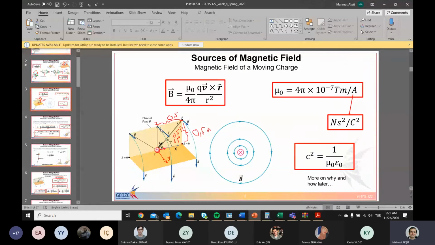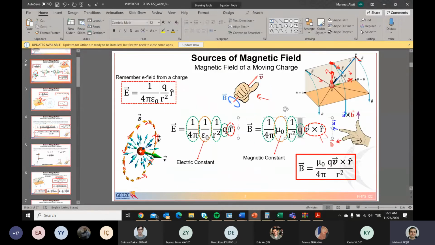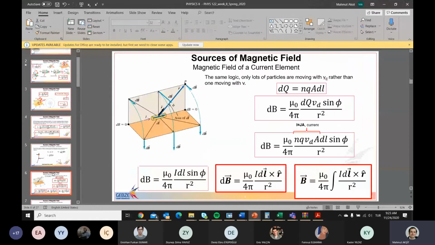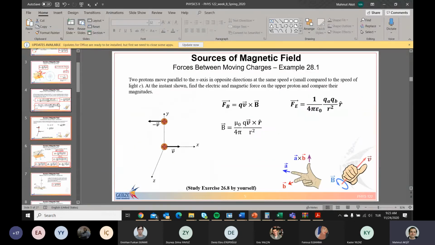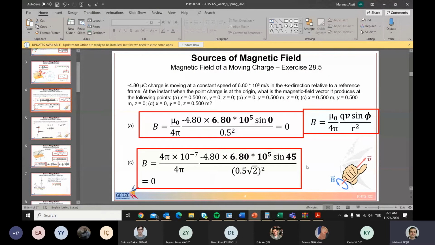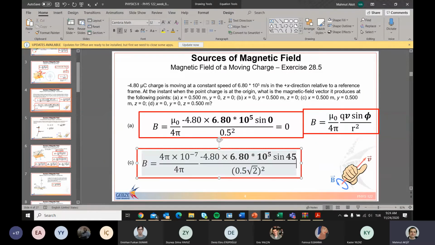So normally it should be towards positive y here, then for a negative charge particle, it should be negative y, because here q is negative, so the direction will be reversed. Let's say here in the negative y direction.